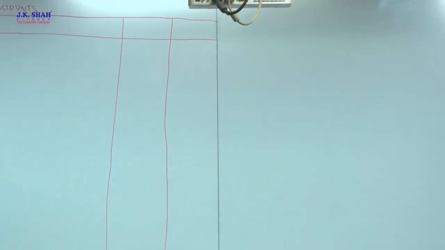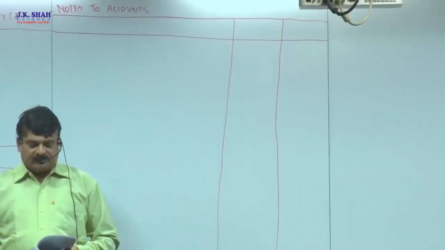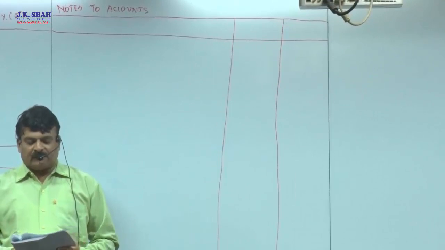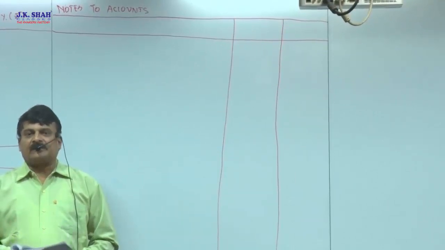B, deferred tax liabilities net. C, other long-term liabilities.